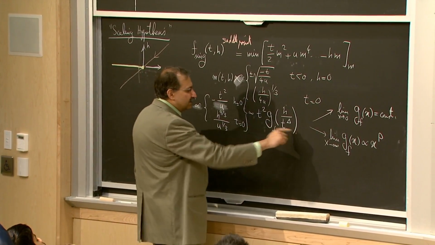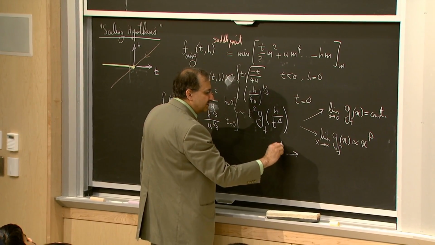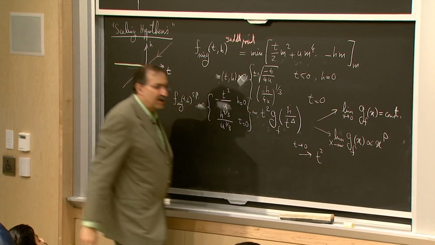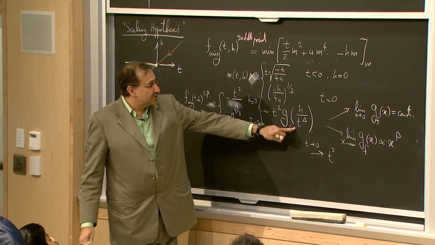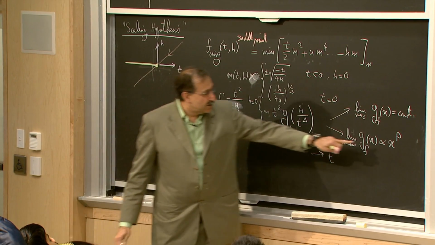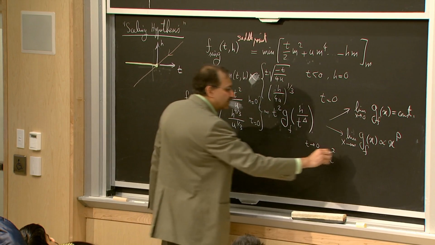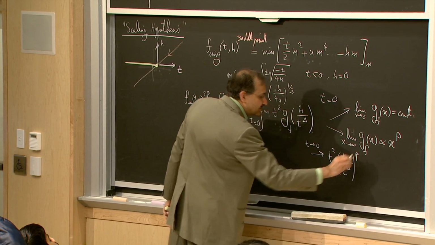Then if I look at the whole function in this limit where t goes to 0, there's a t squared out front that goes to 0. The argument of the function goes to infinity, so the function will go like the argument to some power. So I go like h over t to the delta, to some power p.